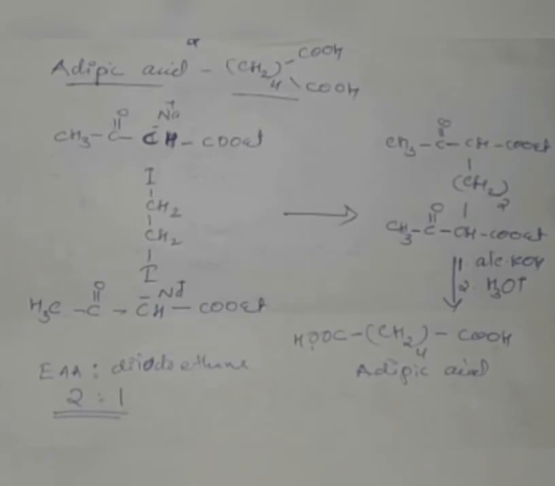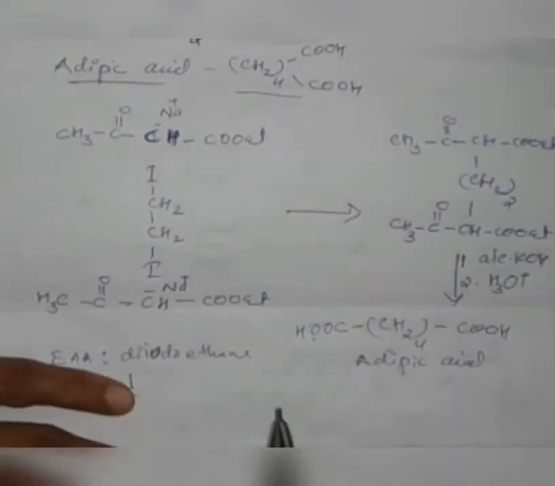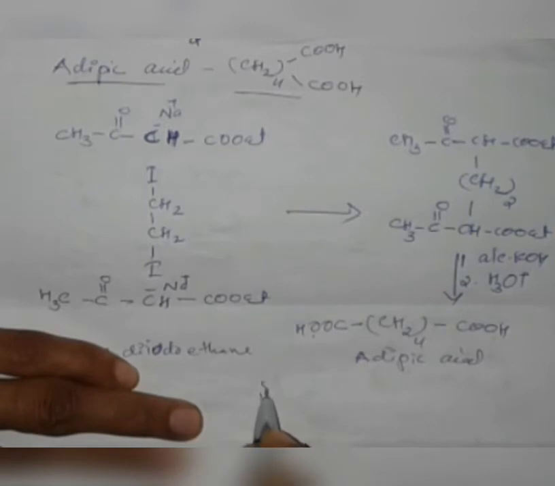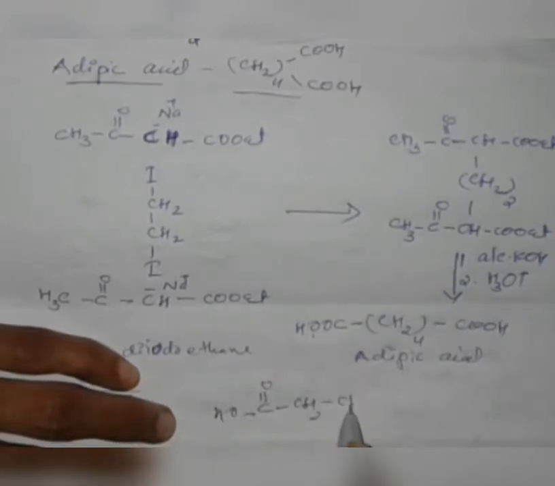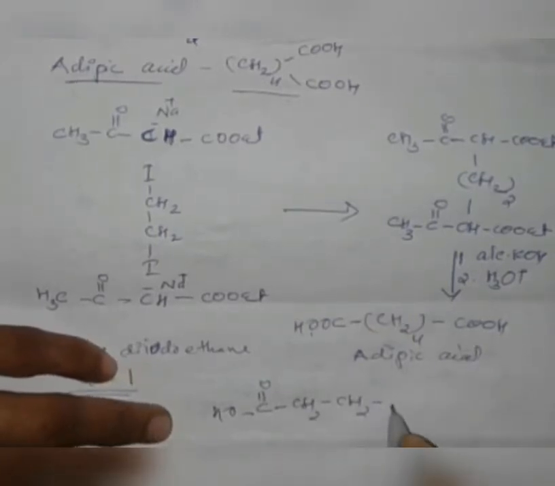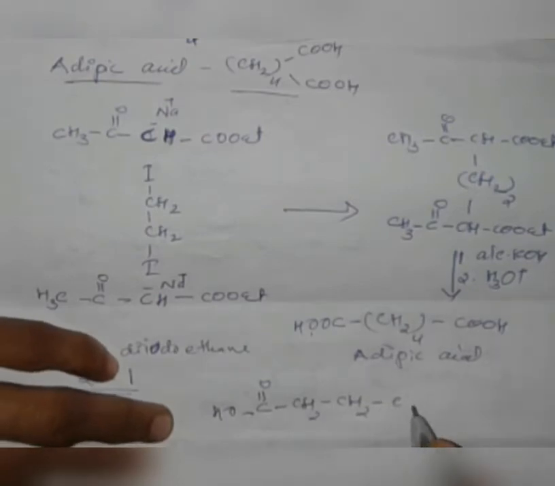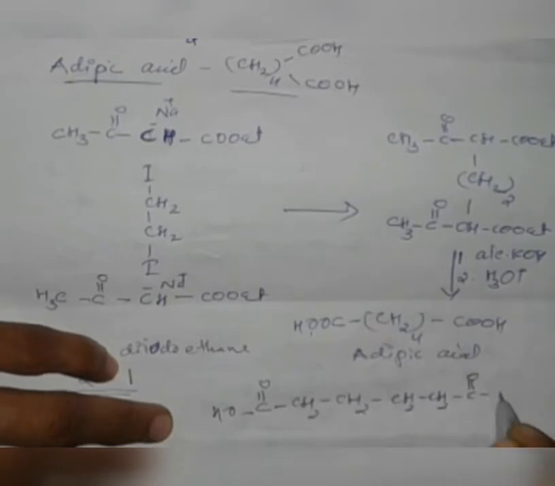Here notice that the 4 carbon atoms are coming from the two molecules of EAA. That is, adipic acid is C=O OH CH2 CH2 CH2 CH2 C=O OH.